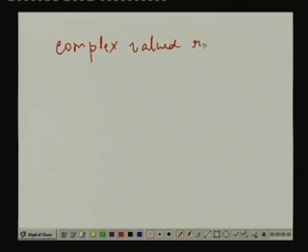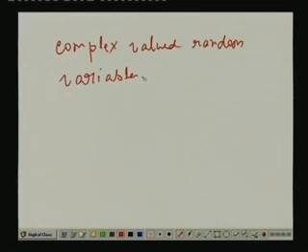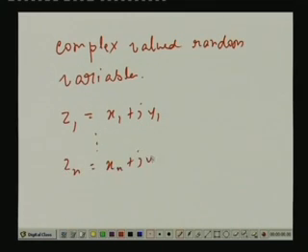So, suppose z1 is x1 plus j y1, up to zn equals xn plus j yn. So, z1 to zn, we have got a set of n complex random variables, right.